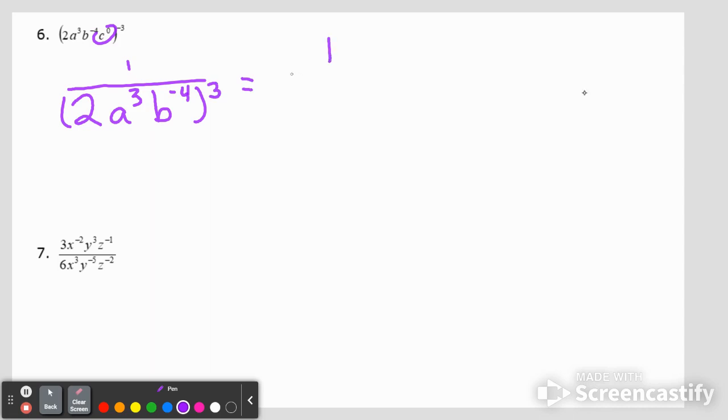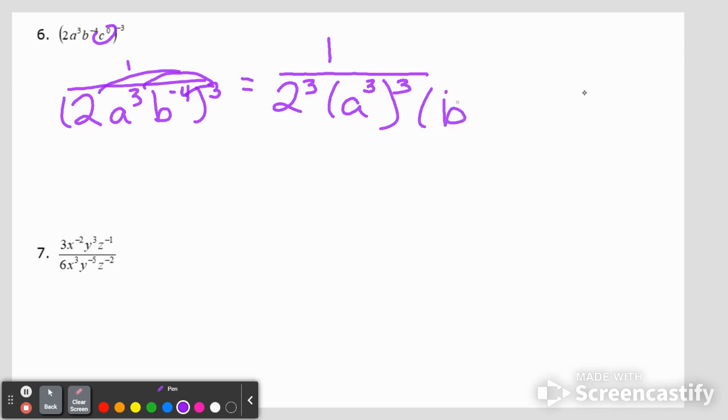So I've got to give the exponent to everything in the parentheses now. So that's going to be 2 to the third times a to the third to the third. Because remember, I'm giving this exponent to everything inside the parentheses. It's like distributive property, but with exponents. And then you've got b to the negative 4 to the third power.